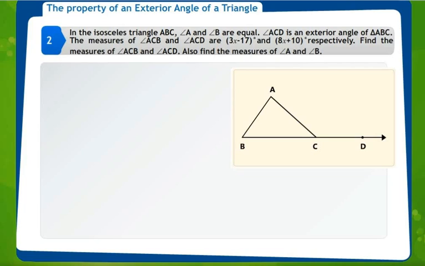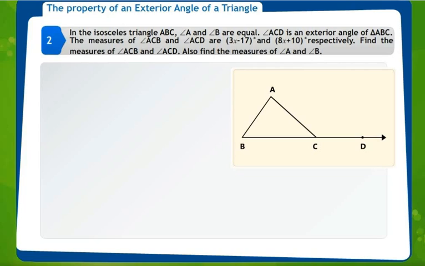So now we will apply the property of exterior angle of a triangle to an isosceles triangle. Now you can see here A and B are equal and ACD is the exterior angle. We need to find the measures of angle ACB and ACD. The measures of ACB and ACD are given.